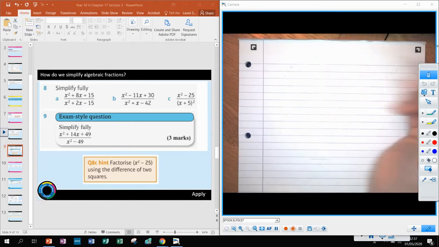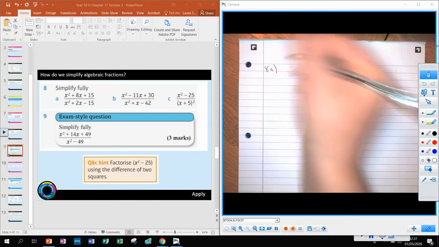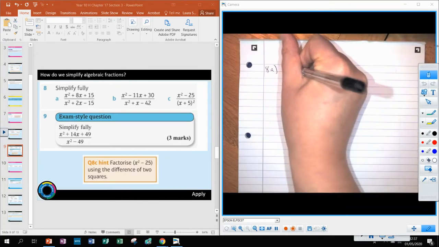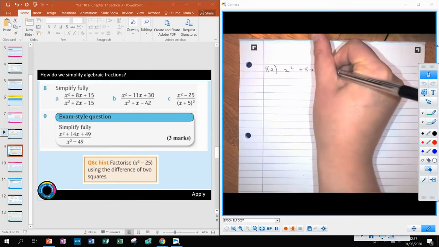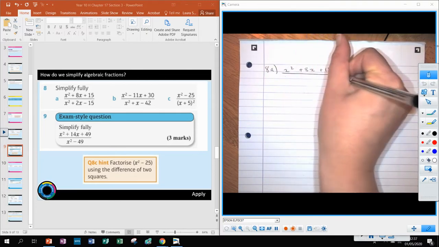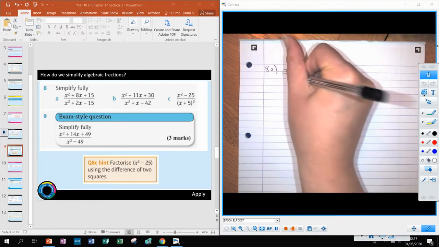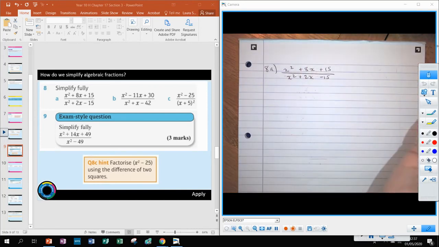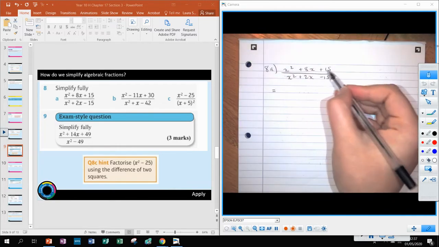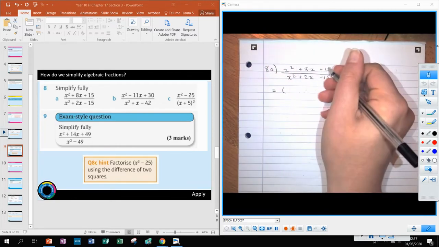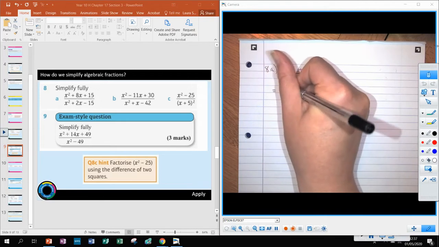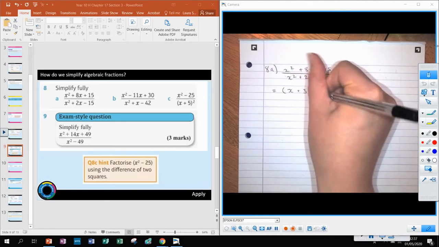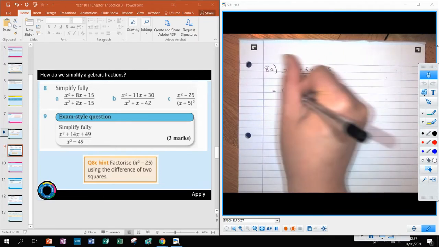Okay, right, so in question 8a, we had x squared plus 8x plus 15 all over x squared plus 2x minus 15. We now need to factorize both the numerator and the denominator separately. For this one, 3 times 5 is 15, 3 plus 5 is 8, so we have x plus 3 and x plus 5.